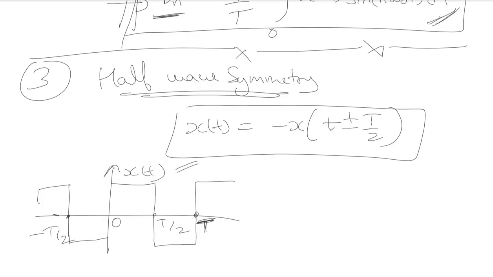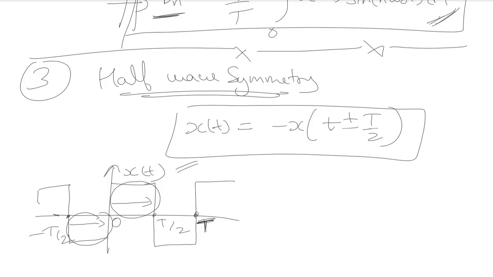The waveform with t increasing from minus T by 2 to 0 is the negative of the waveform with t increasing from 0 to T by 2. So this waveform is the negative of this waveform.